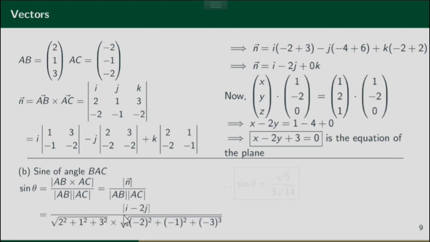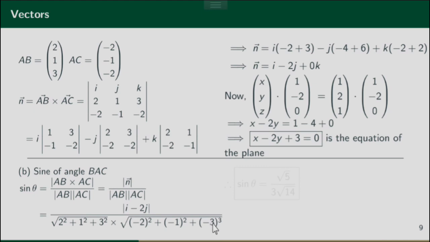Now, let me substitute. I'm looking for the absolute value of n, then the magnitude of AB. So I go to the vector AB and find the absolute value, which will be the square root of 2 squared plus 1 squared plus 3 squared, times the magnitude of AC, which is the square root of negative 2 squared plus negative 1 squared plus negative 2 squared.